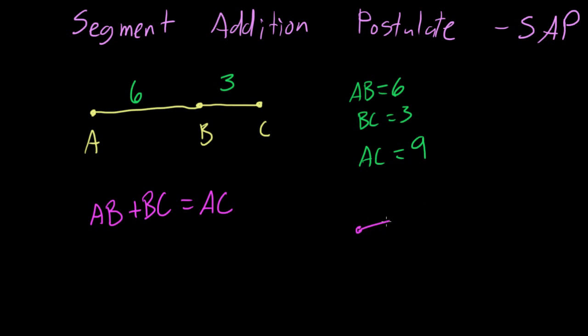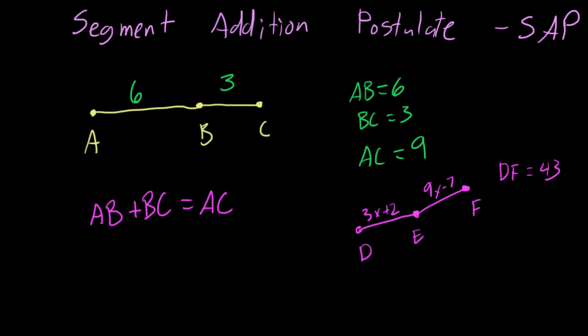Quick quasi-example here. Okay, we'll pretend that's linear, that's straight. So if I have D, E, F, and maybe I told you that DE was 3x plus 2, EF was 9x minus 7, and I said DF is 43. Well, if we wanted to solve for x, we could just take DE plus EF and set it equal to DF.